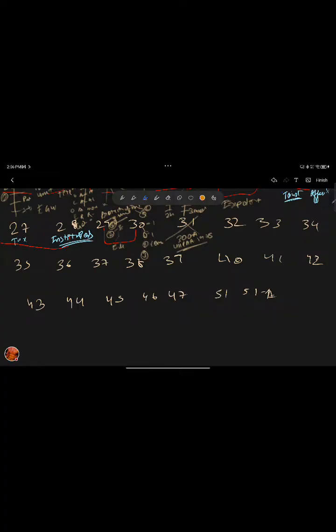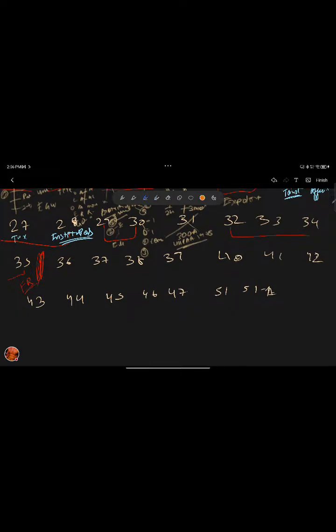Now 32 till 35, your fundamental rights end here in 35. So 32 is your Supreme Court.